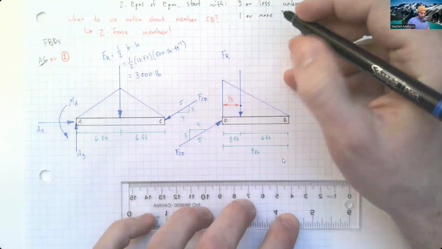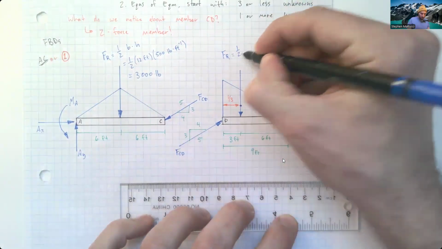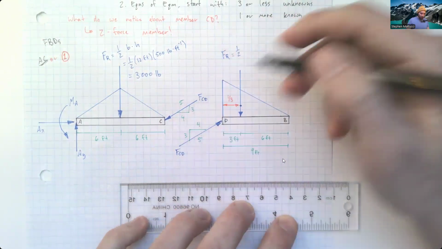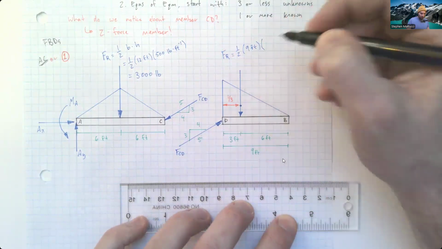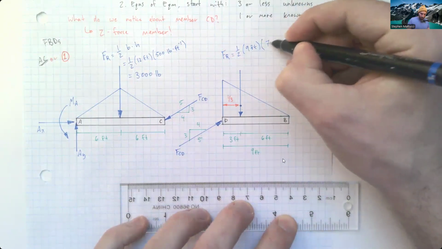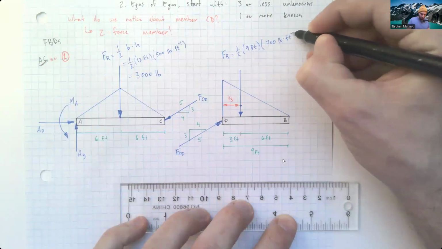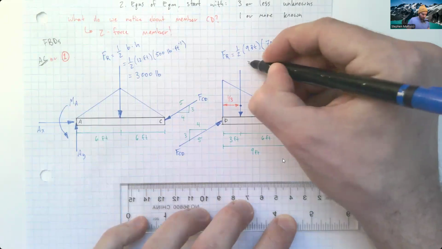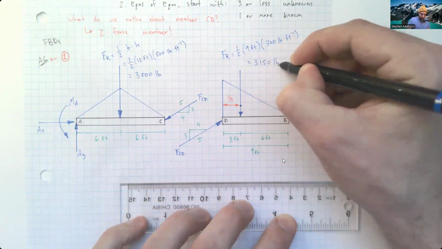Our resultant force, same thing as over here, is going to be equal to 1/2 base times height. In this case, the base is 9 feet. Our height is 700 pounds per foot. This is going to be 3,150 pounds.